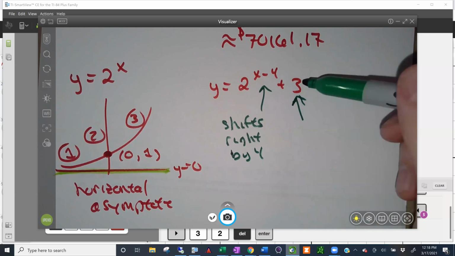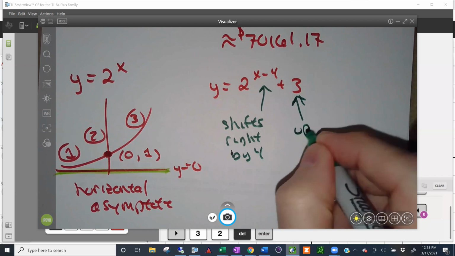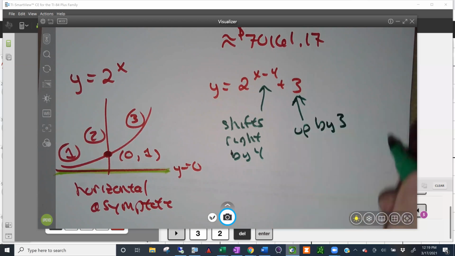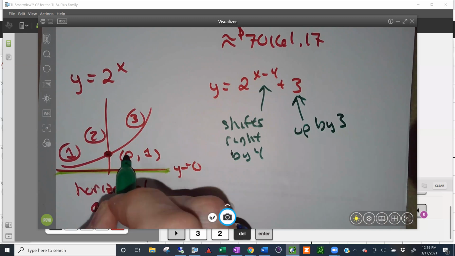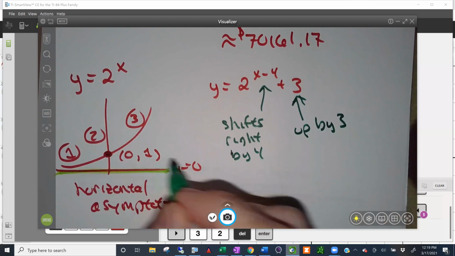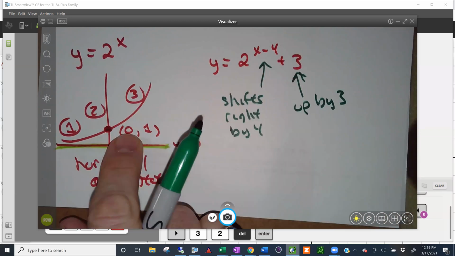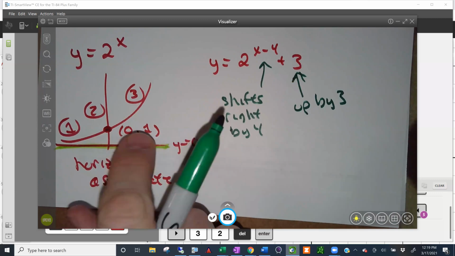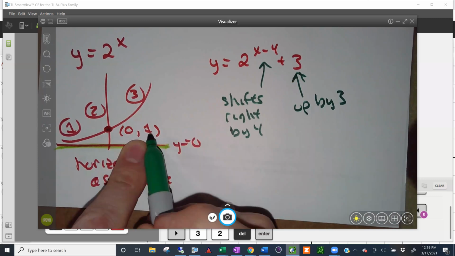Up by 3. Thank you. Up by 3. So that means this point is going to shift to the right by 4 and up by 3. So the new point on our graph, kind of akin to this one, should be at the point 4 and 4. To the right by 4 and up by 3.